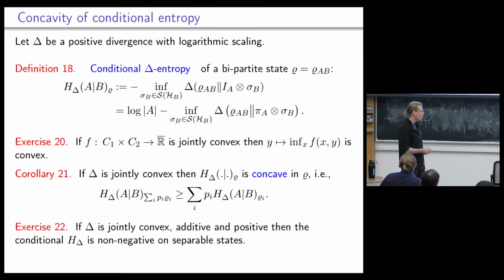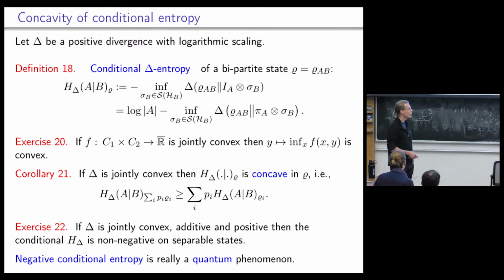And one thing which is important about this is that if we have such a concave conditional entropy, and it is also additive and positive, then the conditional entropy is going to be non-negative on separable states. Okay, you can derive it from this concavity property. So indeed, this negative conditional entropy is really a quantum phenomenon. So this statement complements the previous one. Do both of the exercises.